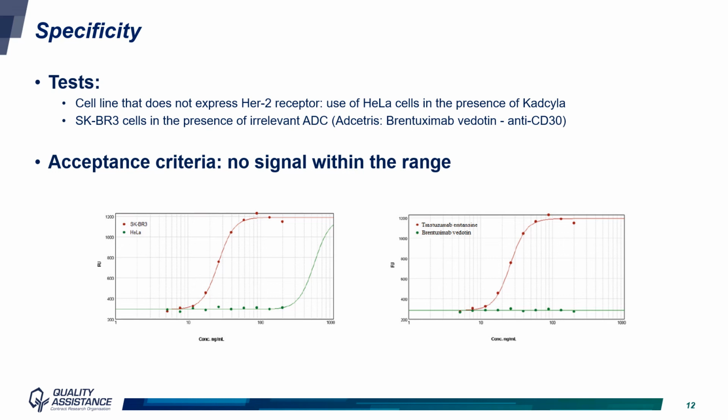The second test used an irrelevant ADC, Adcetris or brentuximab vedotin, targeting the CD30 antigen. Adcetris was used at the same concentration in the presence of SKBR3 cells. As observed in the two following graphs, acceptance criteria were set as no signal detected in the concentration range with HeLa cells or with Adcetris.